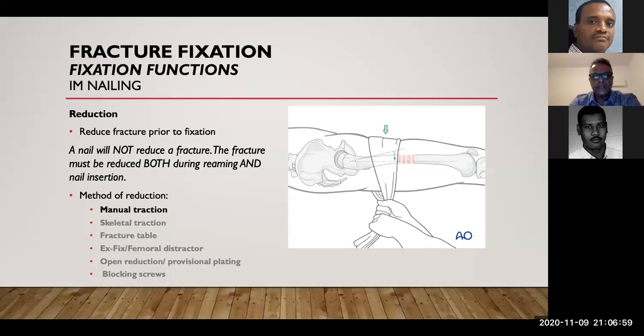To achieve this, the reduction can be achieved by manual traction. So you can pull or push using crutches or anything to push the fracture to have the alignment you want.